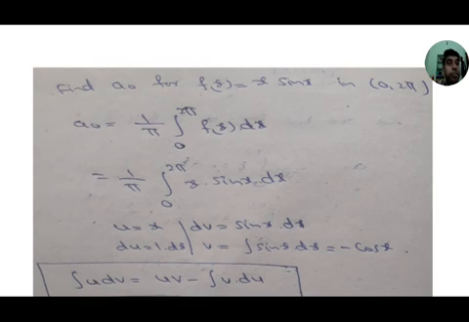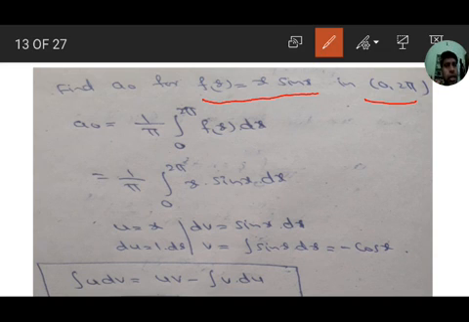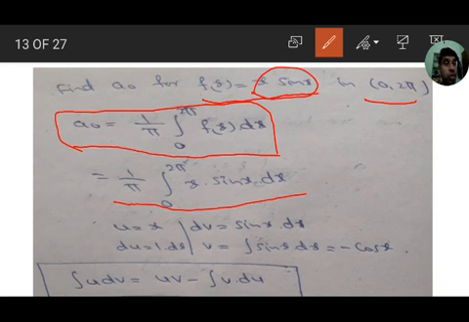Next problem. Find a naught for f of x equal to x into sin x in the interval 0 to 2 pi. Here a naught equals 1 by pi integration 0 to 2 pi f of x dx. So 1 by pi integration 0 to 2 pi, where f of x means x into sin x dx.